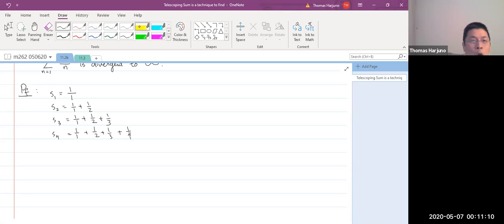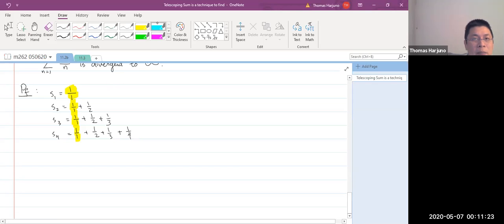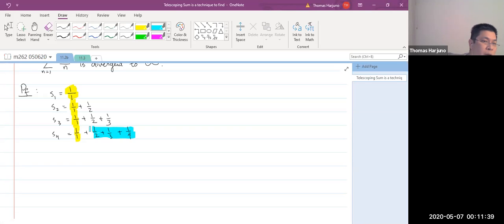Now, notice that we all have the 1. Now, the thing is, this part here will be greater than 1, the blue part. How do you see that, Thomas?